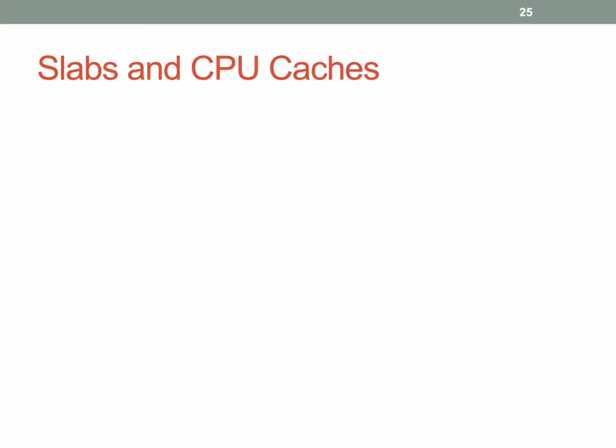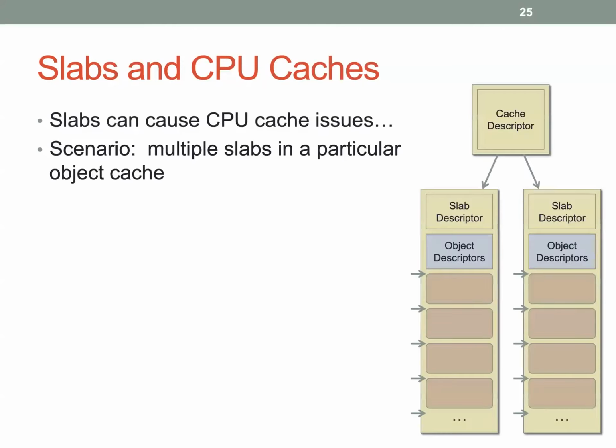One of the last things that I wanted to mention about this is that hardware caches, again, raise their heads in these pictures. Because what can happen with a slab allocator is you end up with a cache, and you might end up with 5 slabs, 10 slabs, 20 slabs that all have the same size objects, and the objects all have the same addresses relative to the start of the virtual address range.